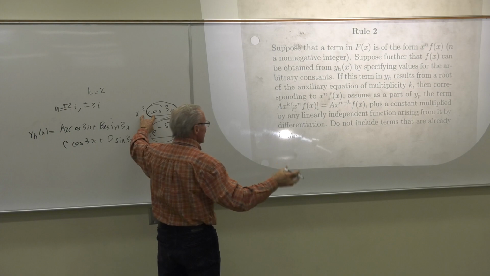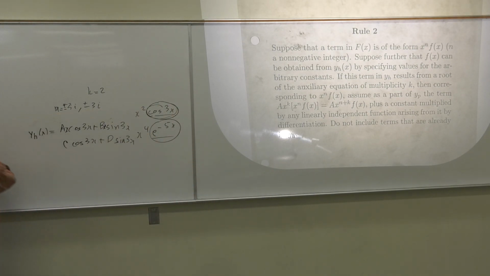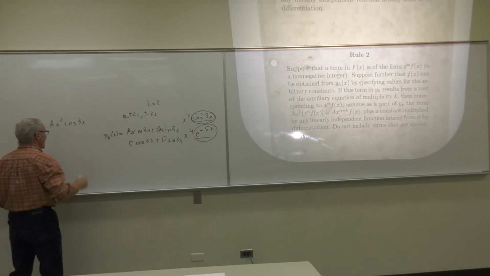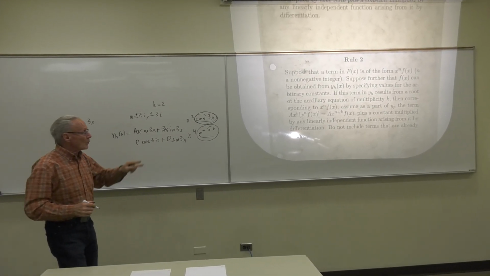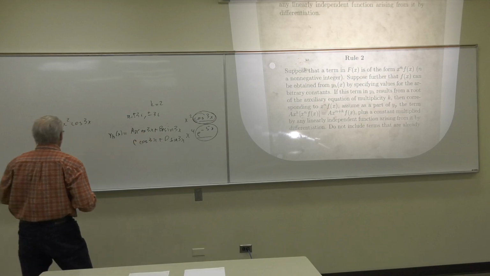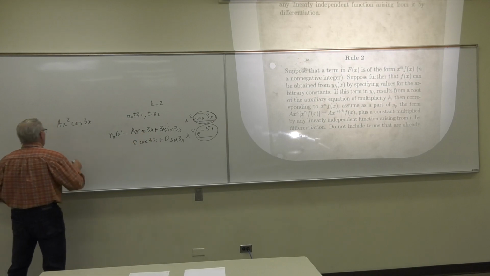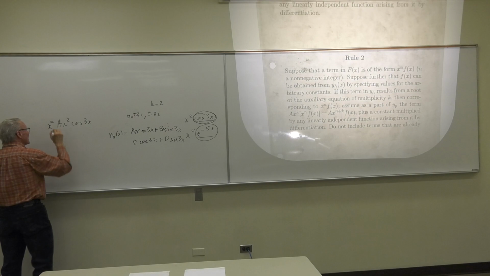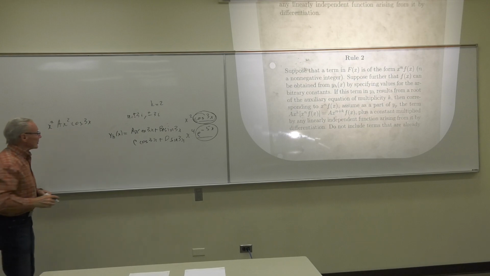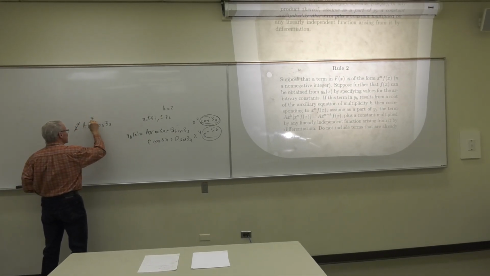Assume a part of that is a constant in front of it, like you would have done if you had been using rule 1. That's what rule 1 would have said. Rule 2 says, no, you put in addition x to the k, another x squared. So you'll be starting then with x to the 4th.